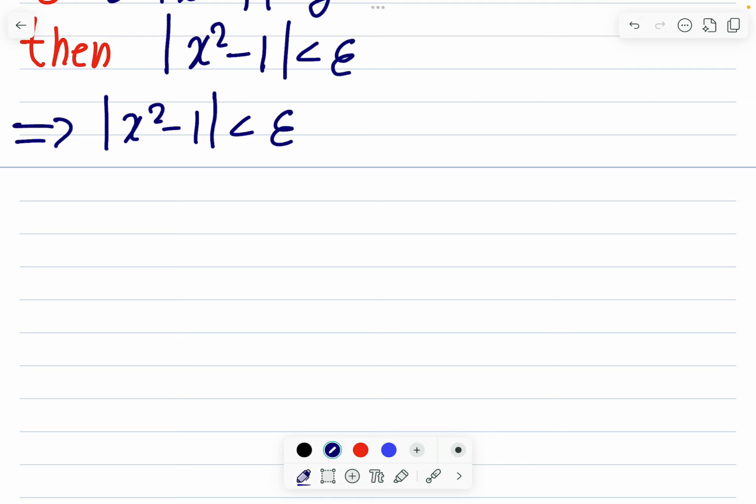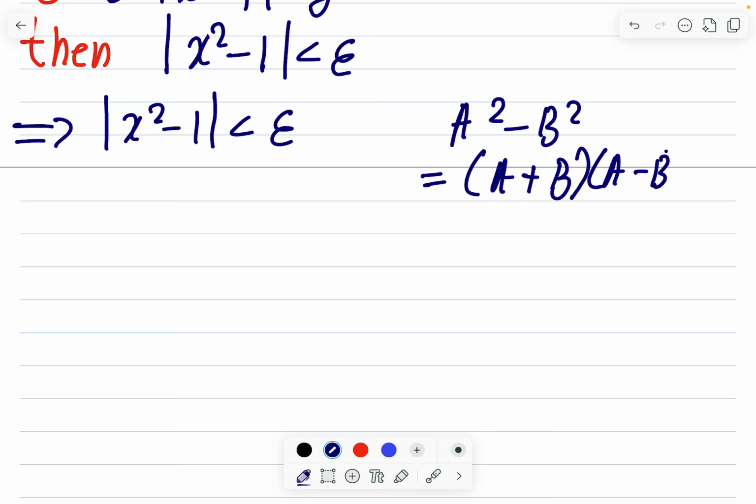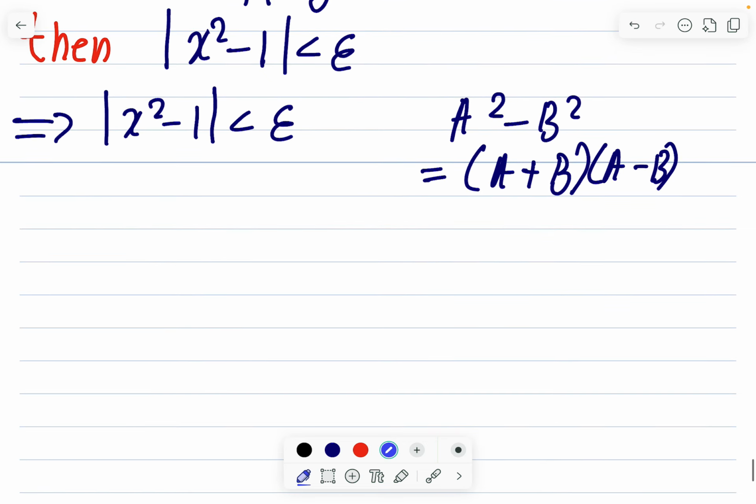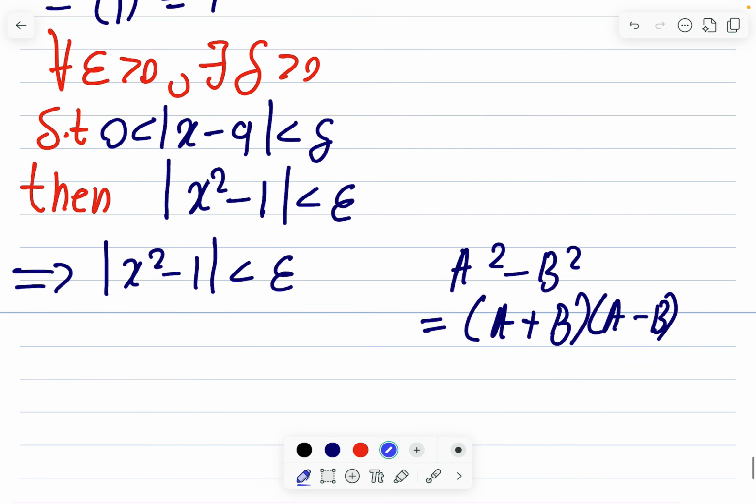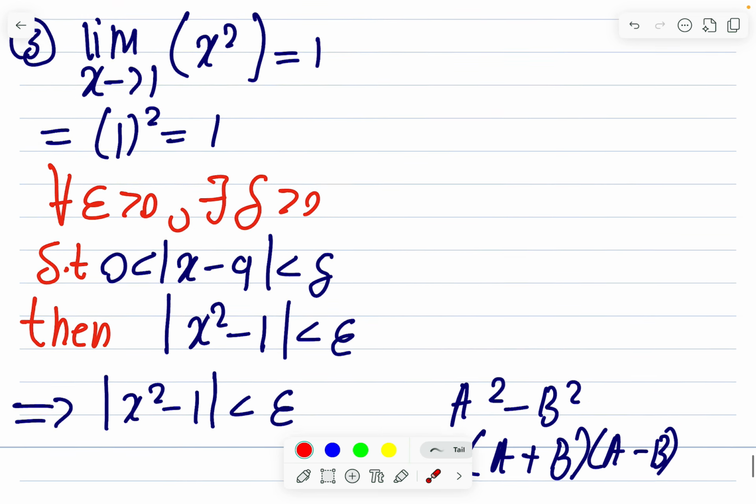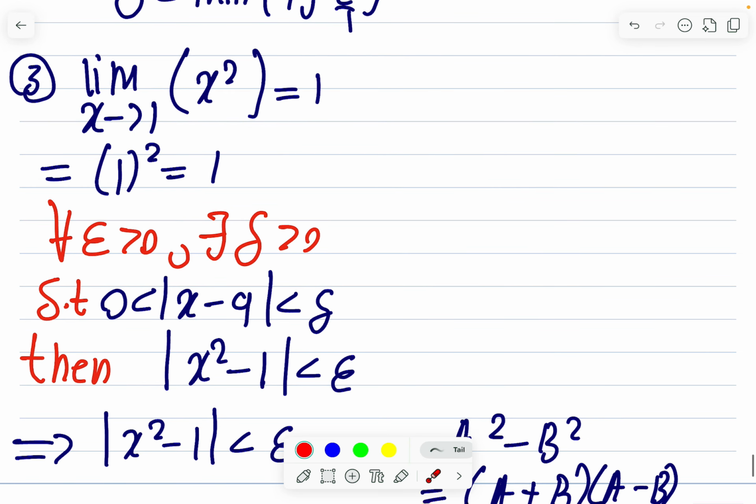Bear in mind we still have our algebraic expression of a squared minus b squared, a difference of two squares, a plus b times a minus b. So what is our goal? Let's write our goal in this blue, kind of like purple. Our goal is to always find |x − a|, which is now x minus, yeah, we're supposed to put 1 here.